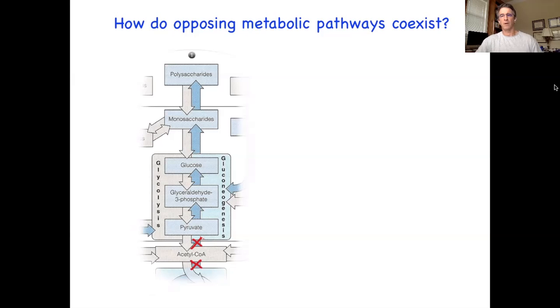Mammals, most other multicellular organisms, or higher eukaryotic organisms like us, can't run that reaction. We don't possess the enzymes capable of reversing the pyruvate dehydrogenase reaction. Many plants can, but mammals can't do that, right? Which is why we can't turn fatty acids into glucose, right?